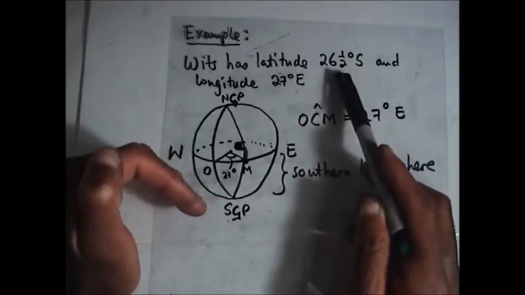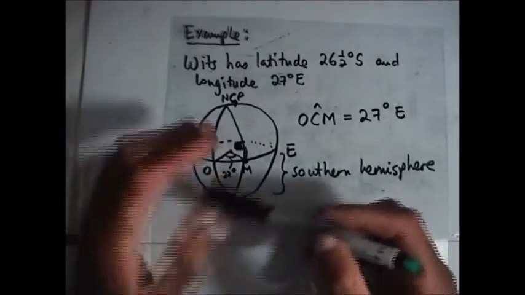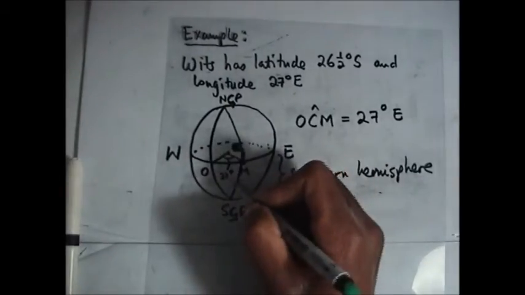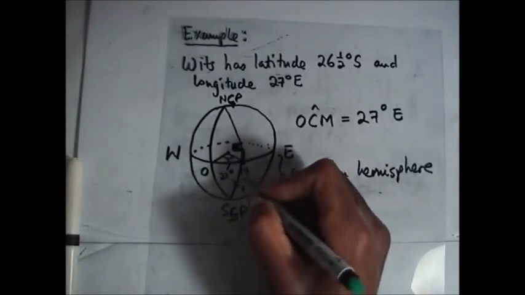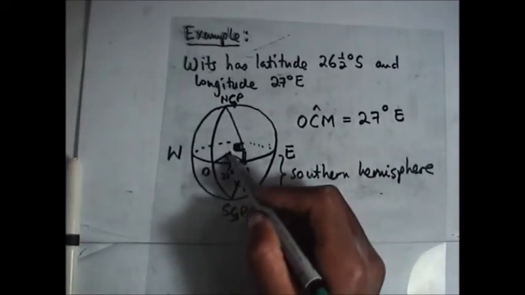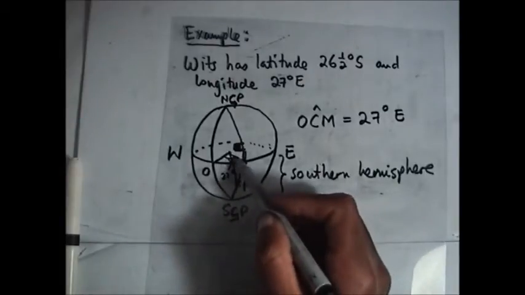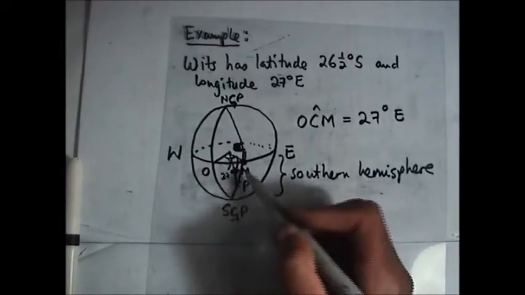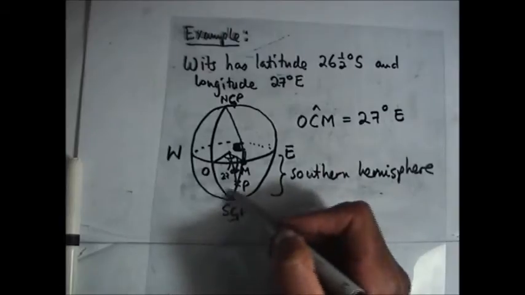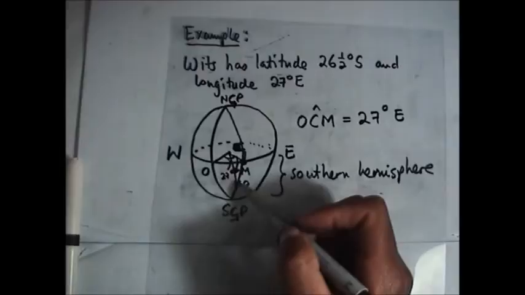But here it's in the southern hemisphere, so it's a dip. We are going to look downwards to a point P. It's going to be MCP going downwards towards the south geographical pole. It's going to be a dip downwards.